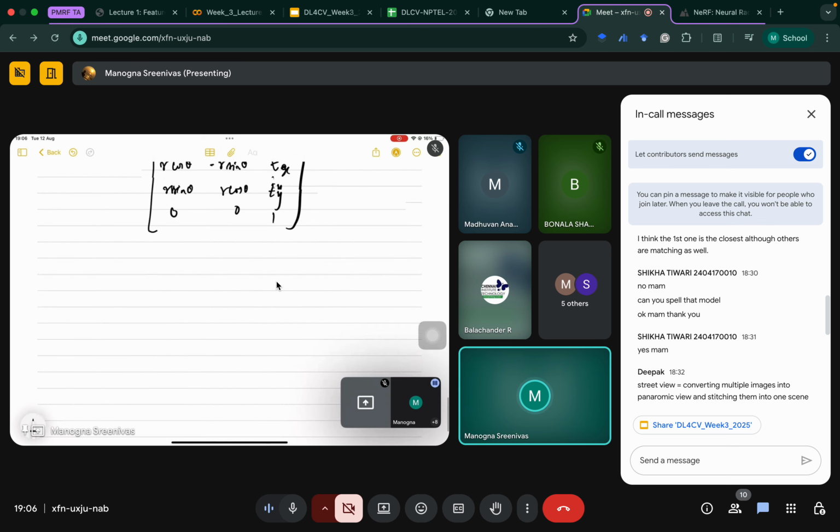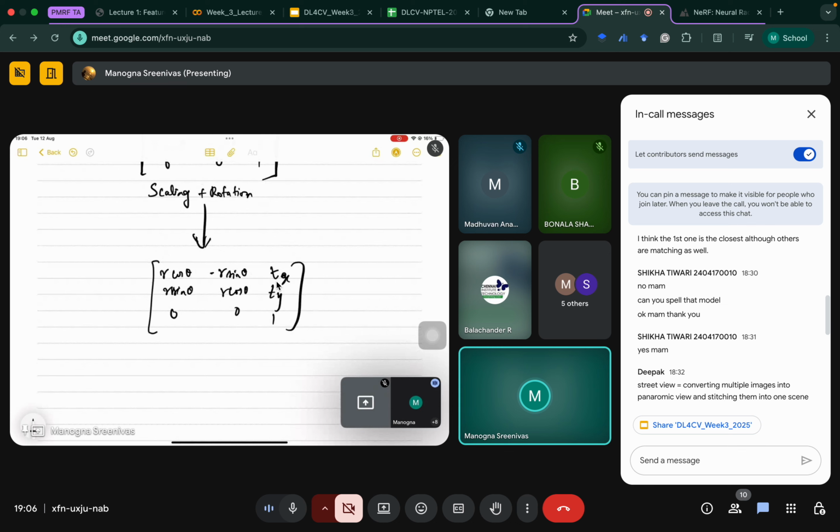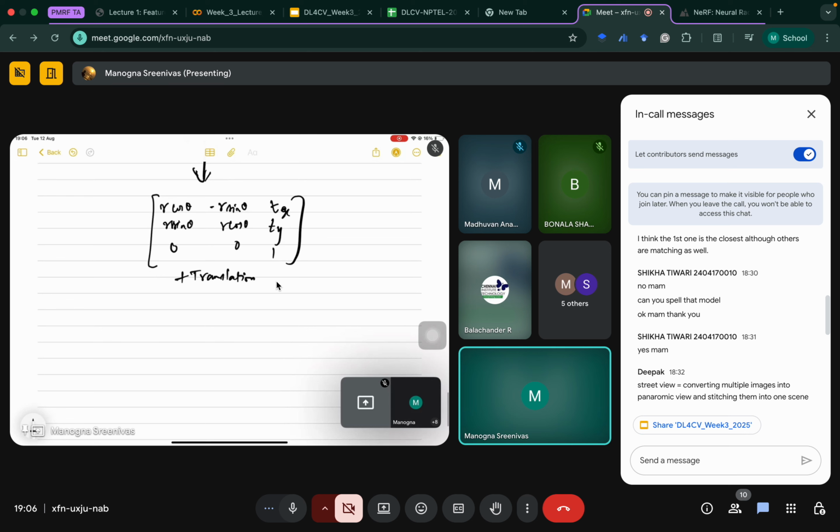There's one more. Anyway, so now we did scaling, rotation, and translation, right? There's one more thing called shear, where you stretch. When we are zooming in or zooming out, usually we zoom in both the x and y direction by the same extent, like by 2x.